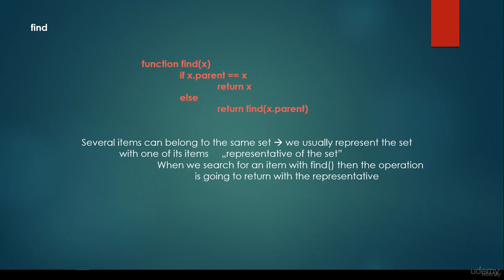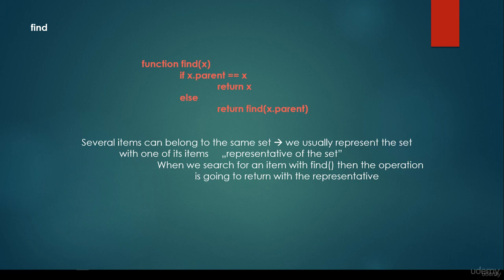And we usually represent the set with one of its items, basically the representative of the set. And that's why if the X parent is equal to itself, it means that basically this is the root node. As I said earlier, we usually implement this data structure as a tree-like structure. And it has a root node, and basically the root node is the representative. So no matter what item we would like to find, it's going to return the value of the root node.